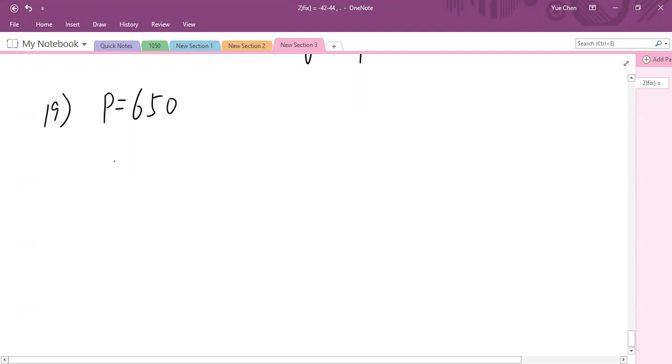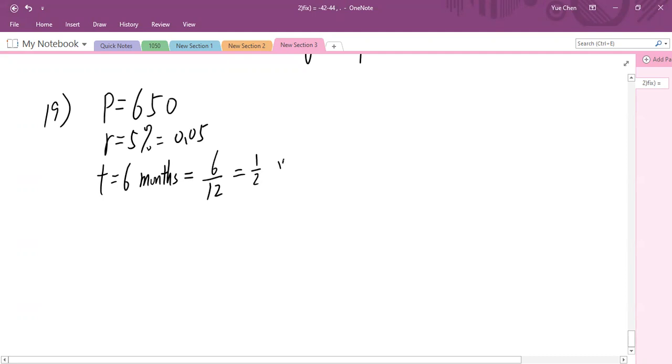The interest rate R equals 5%, which is 0.05. T is 6 months. But we know in the formula, we always use years. You need to convert to years, which is 6 over 12 years, which is 1/2 year.